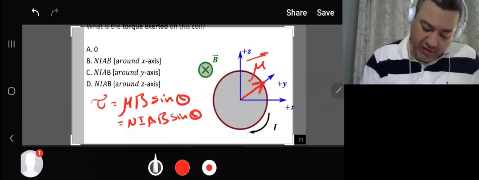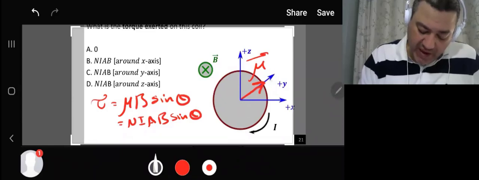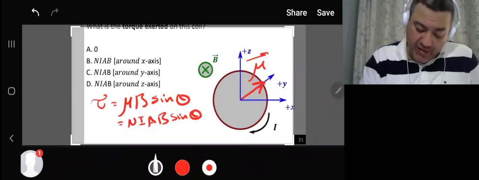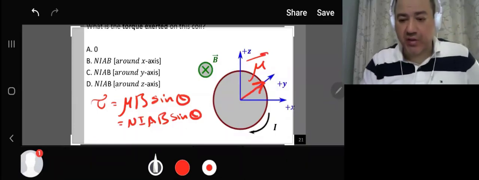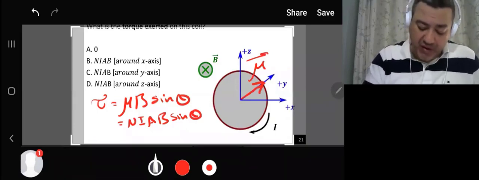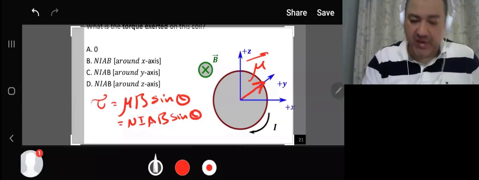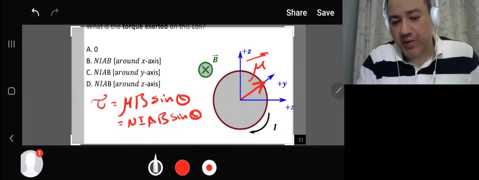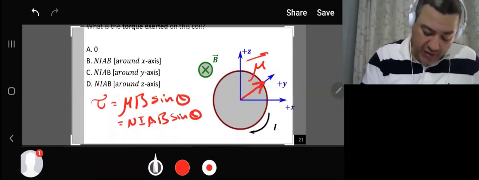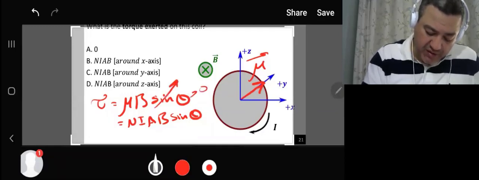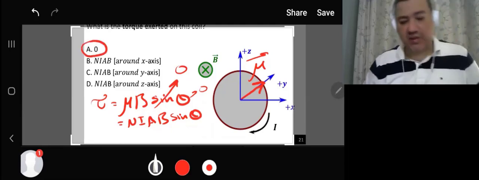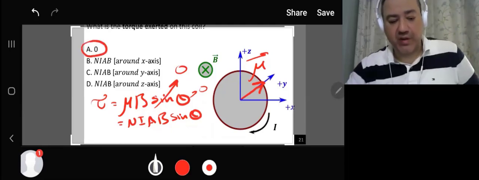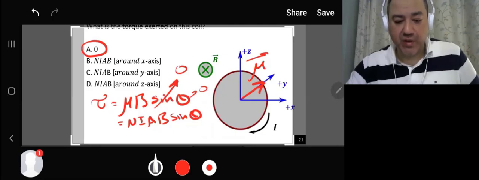If I have the magnetic dipole moment pointing along the y-axis, and the magnetic field also pointing in the y direction, then the magnetic dipole moment is parallel with the magnetic field, which means that theta is 0, which means that sine theta is 0, and the answer would be 0. The torque here in this case would be 0.